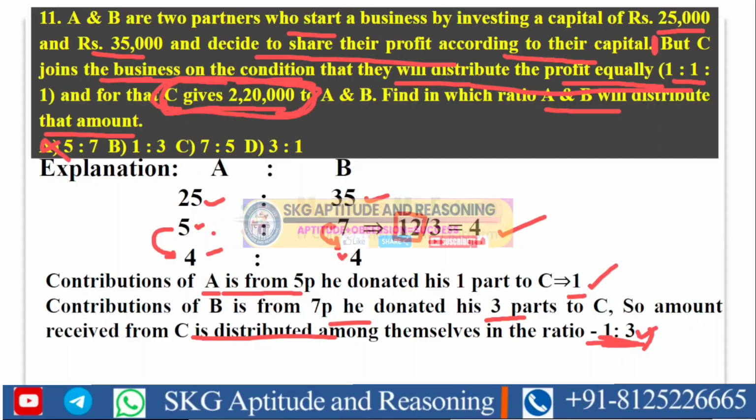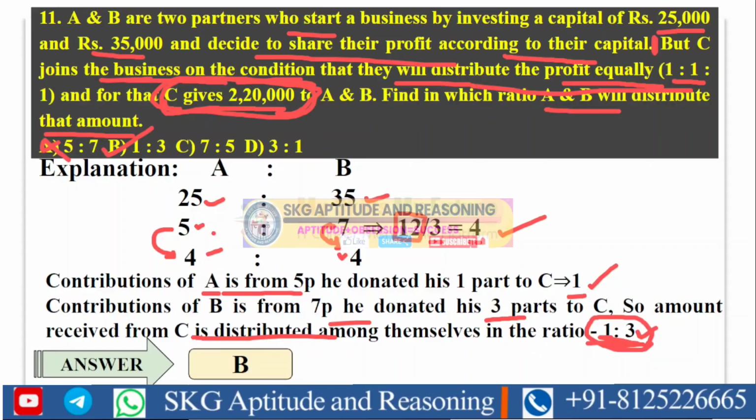Whatever the number of parts given to C, on that ratio only they have to distribute. So in 1 is to 3 ratio, this amount of 2,20,000 has to be distributed. Suppose the question asks for the amount received by B, then we need to find 4 parts equals 2,20,000 and find the value of 3 parts. So the answer for this particular problem will be option B.